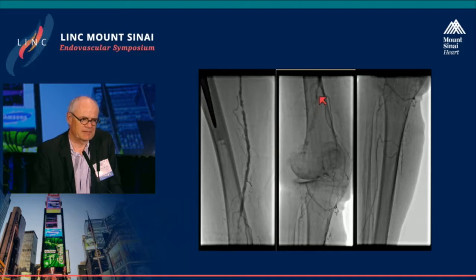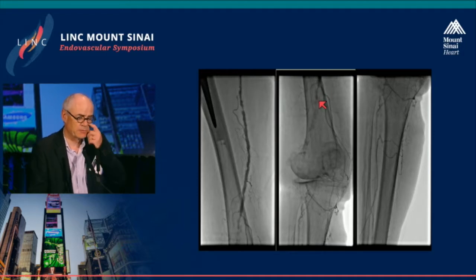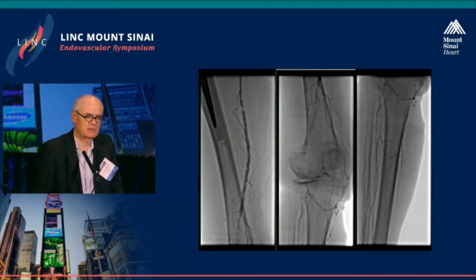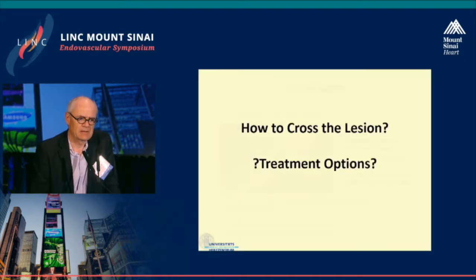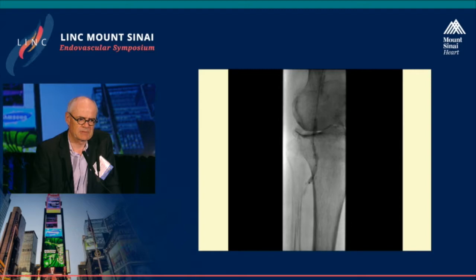If you are once in the true lumen entering the CTO, then it's very unlikely that the guide wire will get out into the subintimal space, because this is a more or less concentric, concentrically calcified tube, and if you enter into the true lumen at the very beginning, you have a good chance to stay true luminal during the entire crossing attempt.